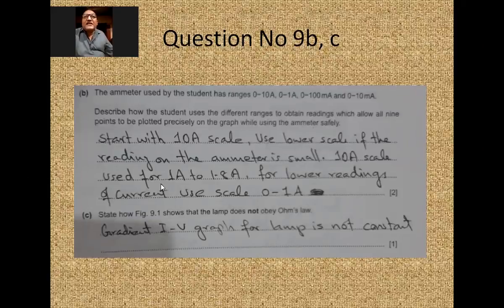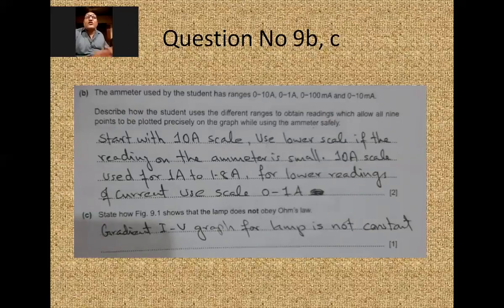The 10 ampere scale is used for 1 ampere to 1.8 ampere. So for readings of current of 1 ampere or more than 1 ampere, we will use the 0 to 10 ampere range. For the lower readings of current, use the scale from 0 to 1 ampere. None of the current values for our filament lamp is less than 0.2 ampere, which is 200 milliamperes.